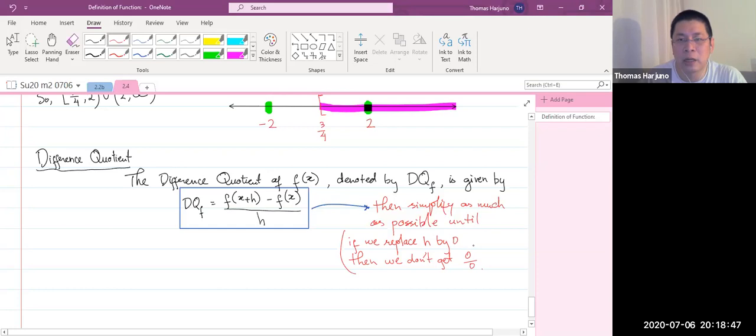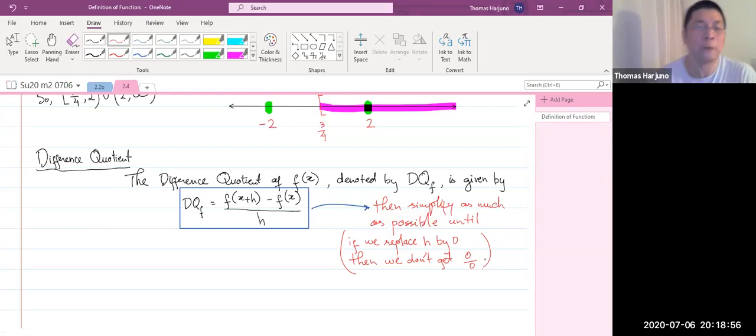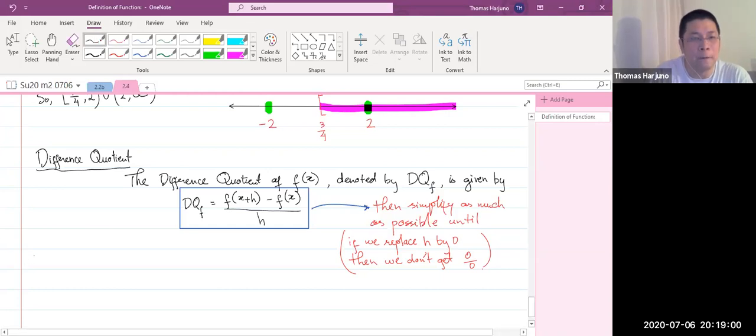Okay, so basically, how do we know we can stop? We can stop when, if you physically replace h by 0, you don't get 0 over 0. Okay, let's see, for example, the easy one first. How about f(x) equals my favorite linear function, 2x minus 1.